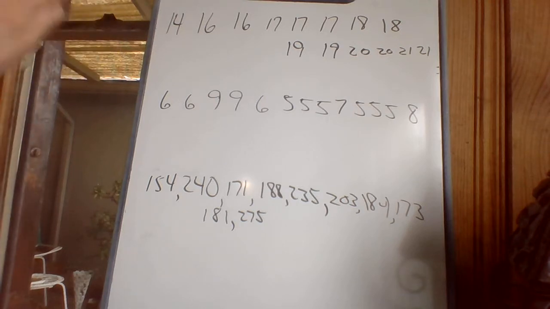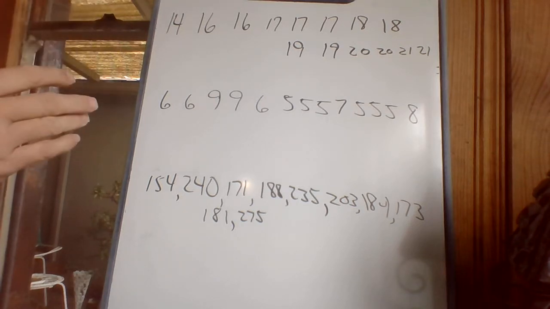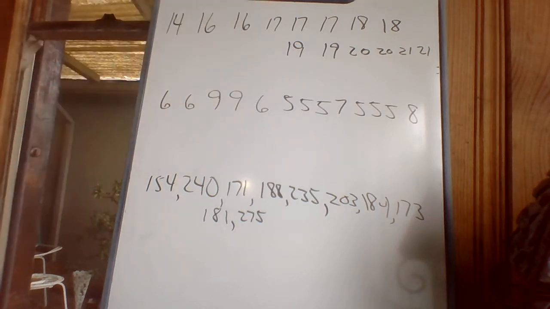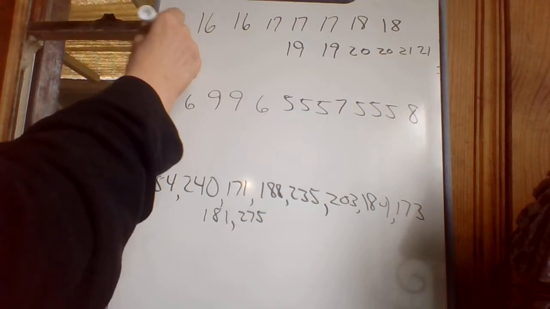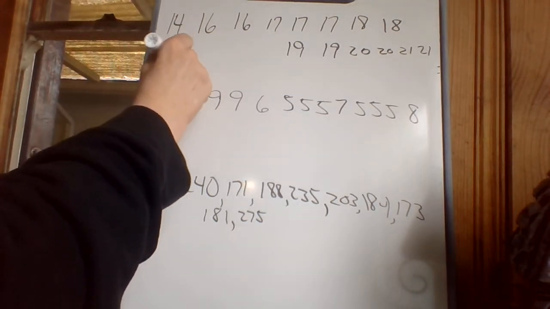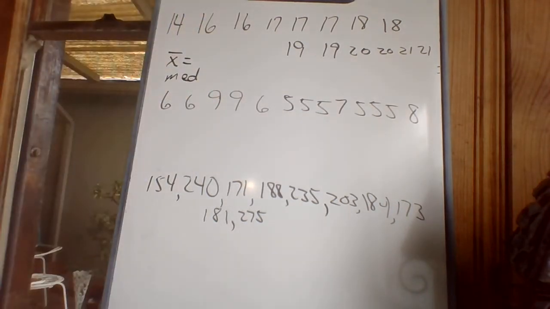If I start putting 14 enter, 16 enter, 16 enter, 17 enter, it's going to write over everything I had before, so I didn't even really need to delete that. When it's a really long list and then I go to a super short list, that's when you start to need to hit the delete button or the clear button, depending on where you put the cursor. All right, so X bar, again, I'm going to let the calculator do X bar and median for me because it does those.